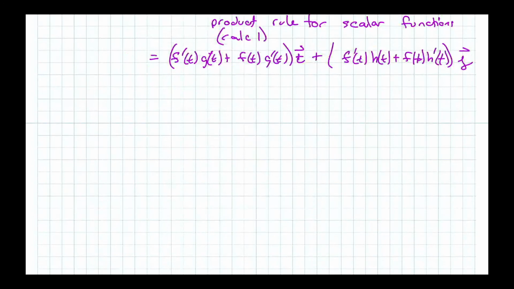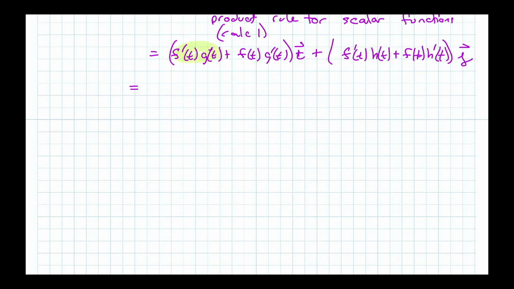If you collect your f prime terms, you've got one f prime term here, you've got another f prime term here, right? So I could write it as, let's say we use 2 different colors here, f prime g plus f prime h. Oops, wrote it wrong, sorry.